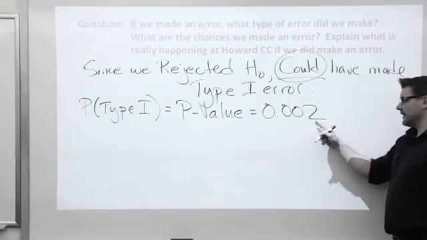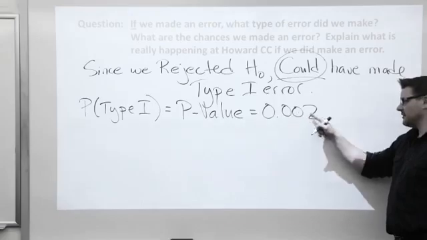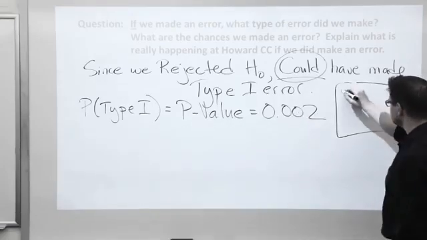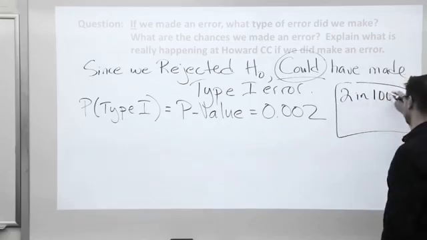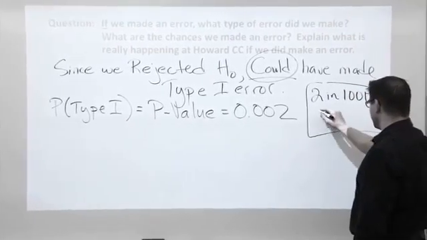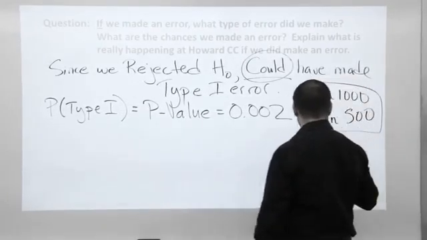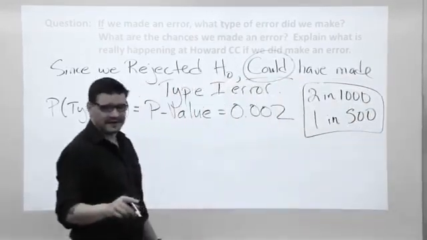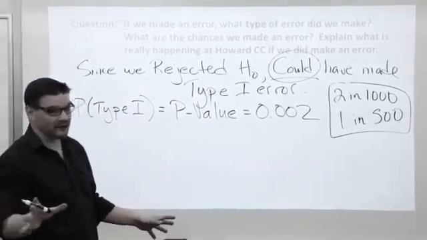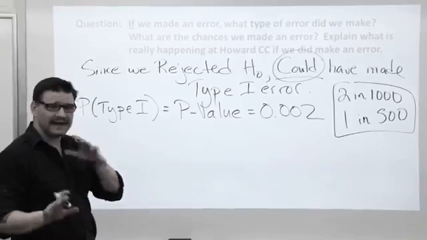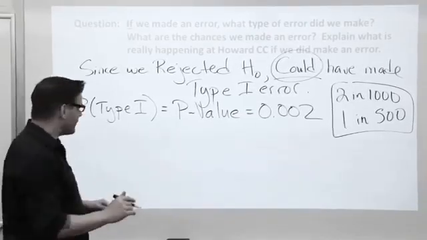This is a 2 in 1,000 chance. I'm no mathematologist, that's about 1 in 500. So it's a coin flip, but it's a weighted coin, right? There's a 1 in 500 chance we're making a type 1 error. I can sleep at night with those odds.